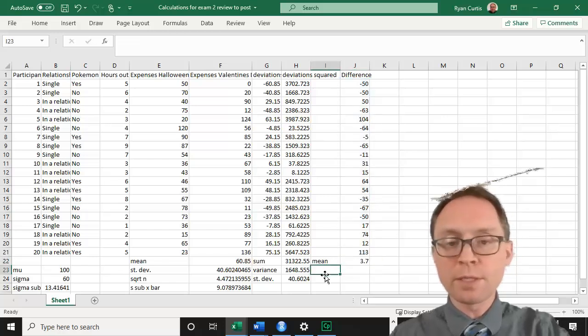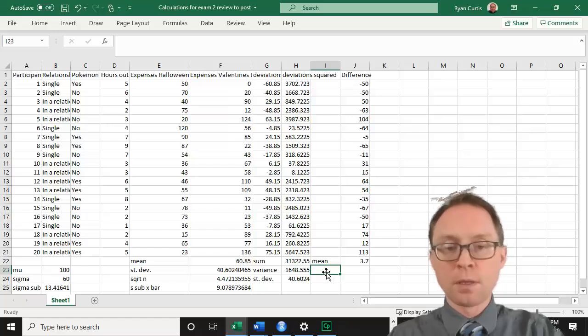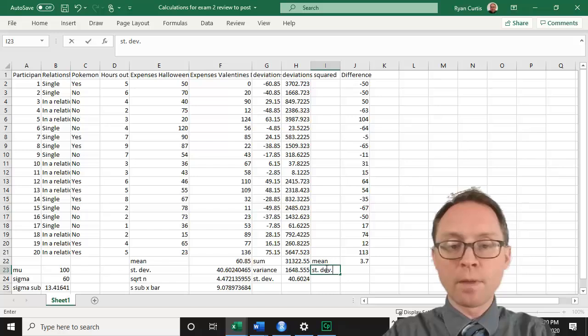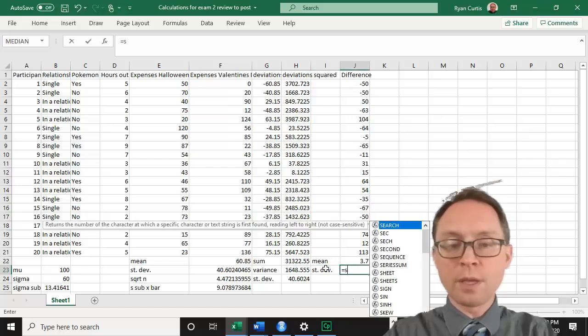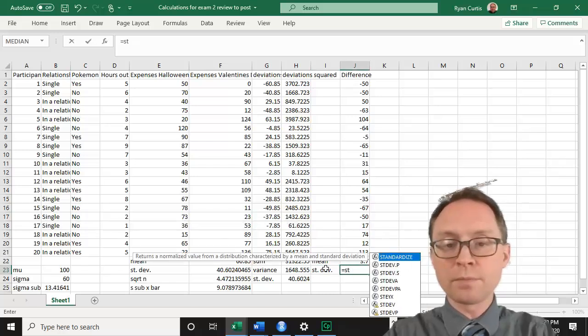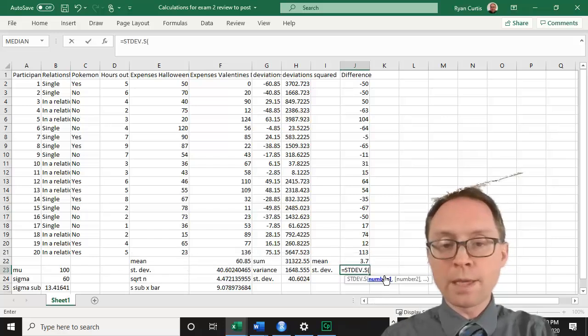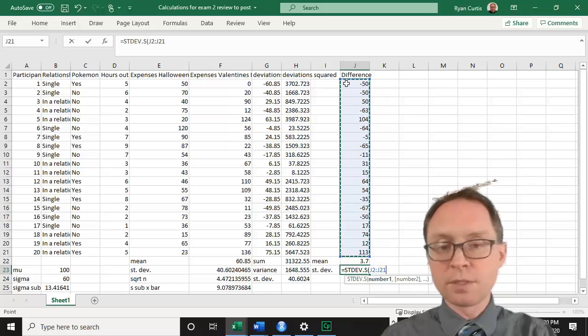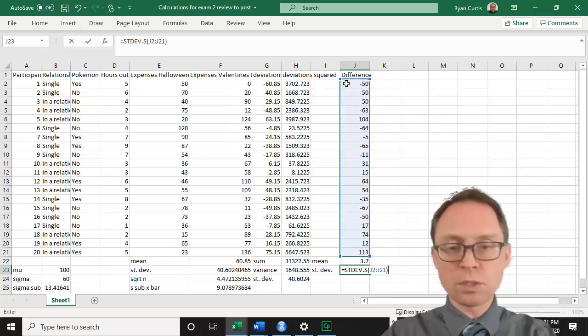All right, 3.7. That's the mean difference. And then we need the standard deviation, which is going to be the standard deviation of a sample, stdev.s, for all the original difference scores.